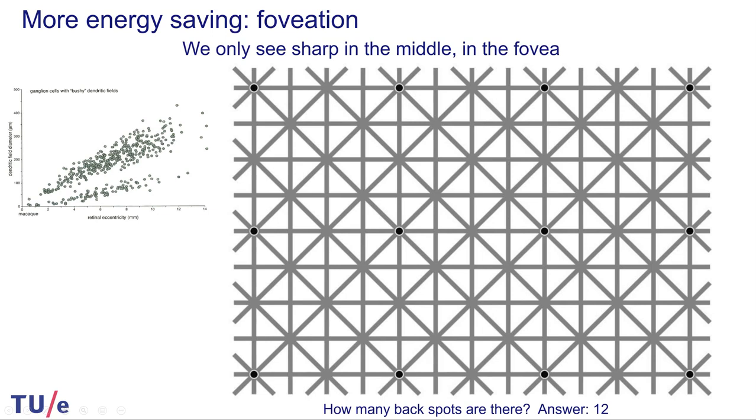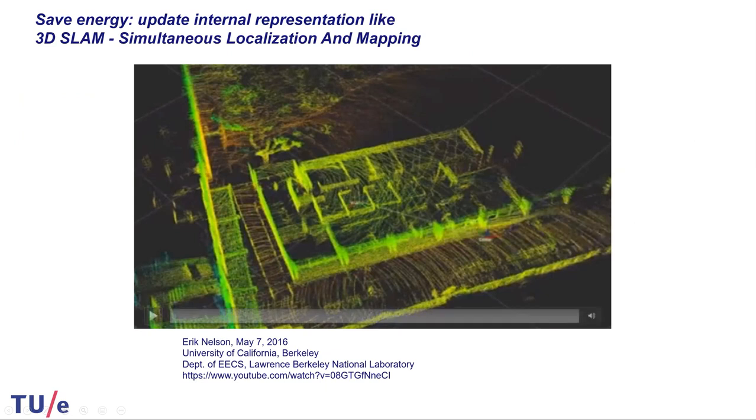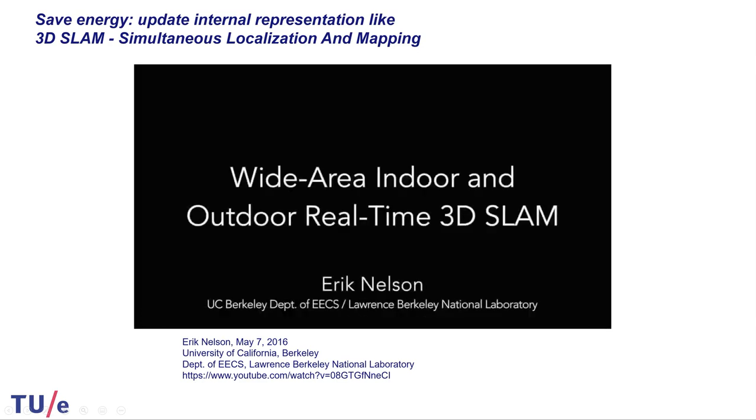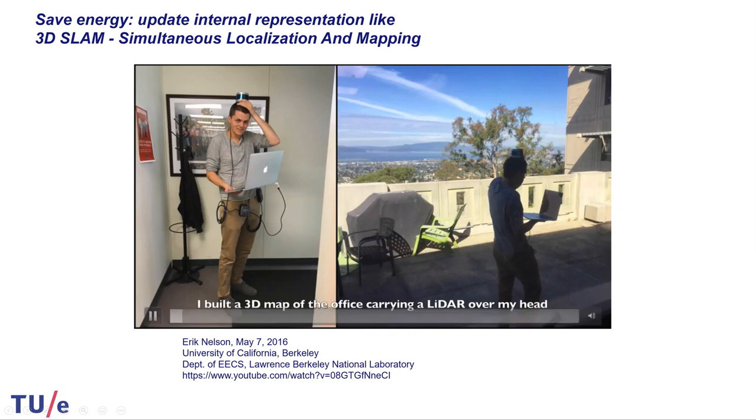And this foveation is used in what's called SLAM. SLAM is simultaneous localization and mapping, very, very famous in automotive and robotics. I found a very nice picture from Eric Nelson, a student at UC Berkeley, and he walks around with a LiDAR on his head and his laptop.